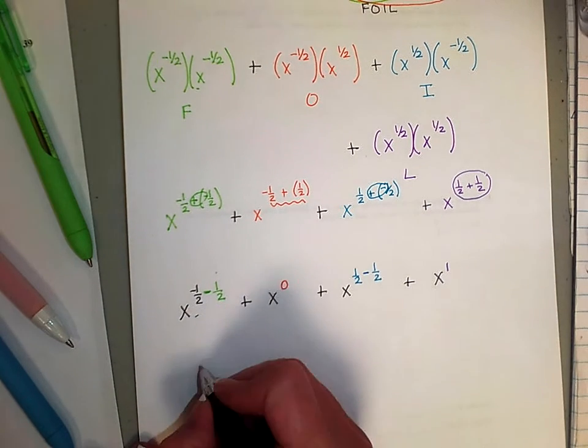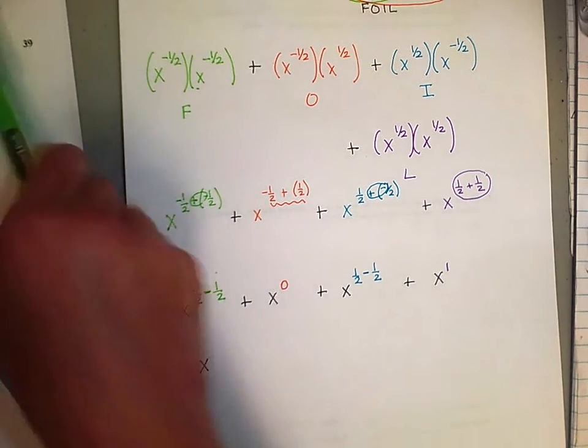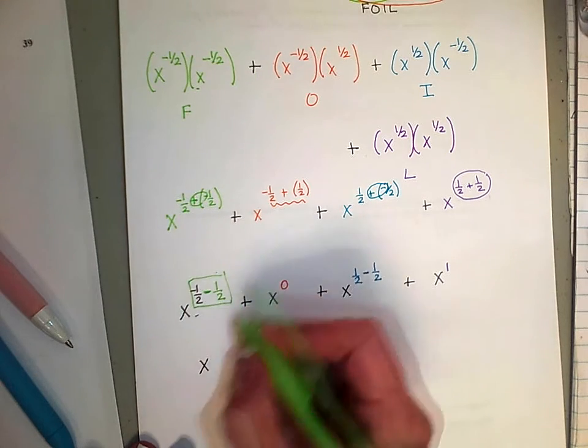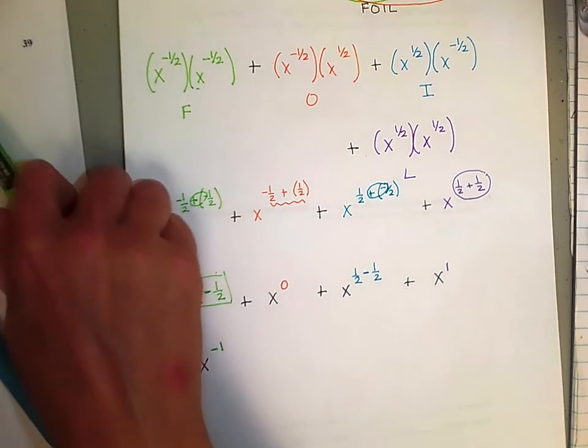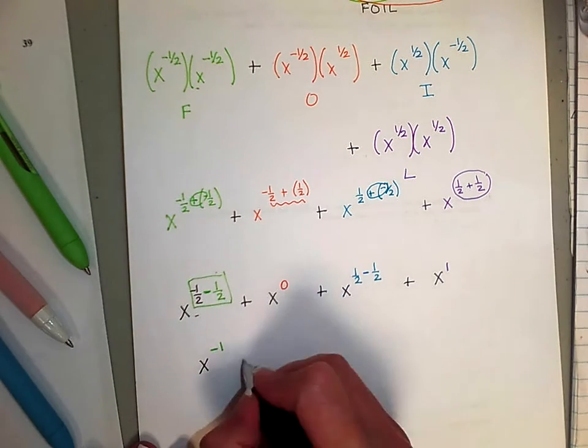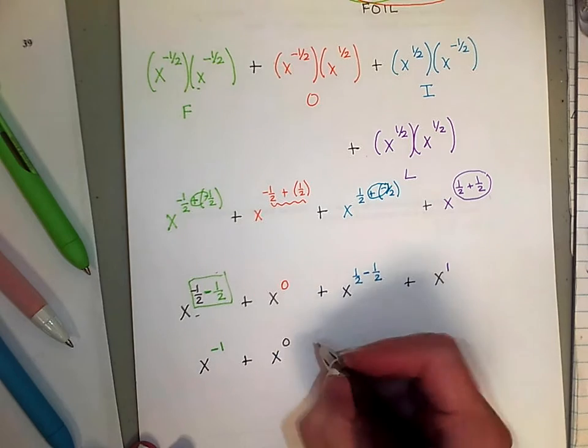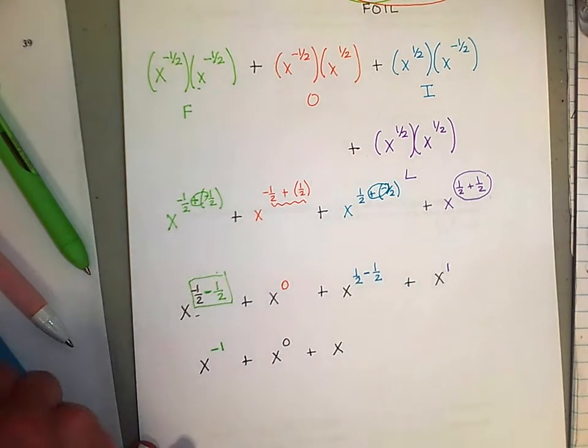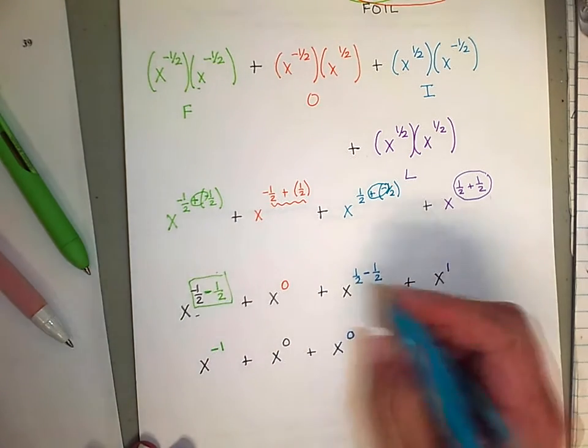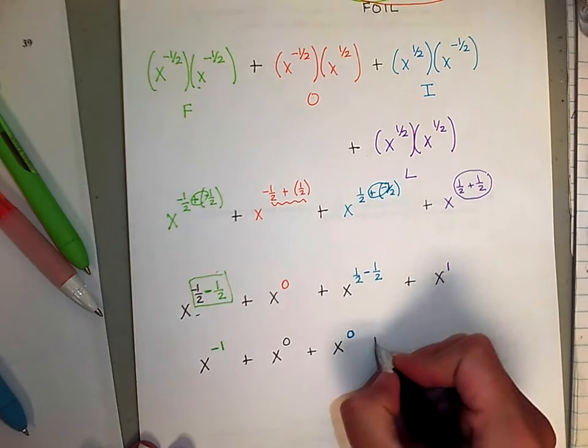We're almost there. So now we have x to, simplifying this, negative 1/2 minus 1/2 is negative 1, plus x to the 0, plus x to the 0, plus simply x.